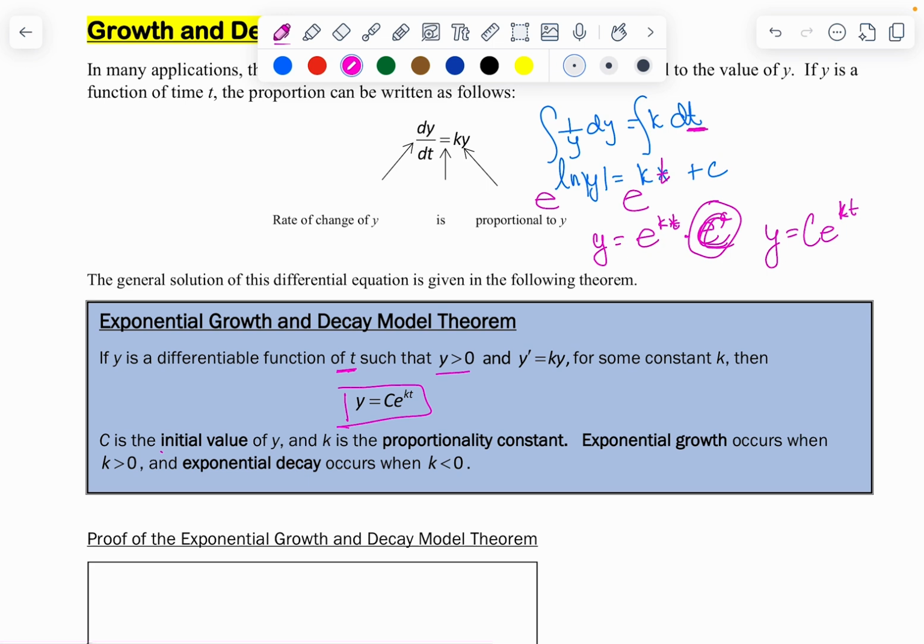And c is obviously going to be the initial value of y, and k is known as the proportionality constant. It is the constant that will be proportional to y. Exponential growth occurs when k is greater than 0, and exponential decay occurs when k is less than 0.